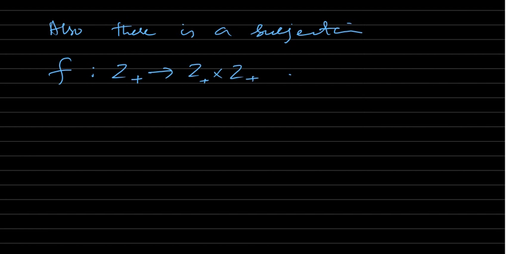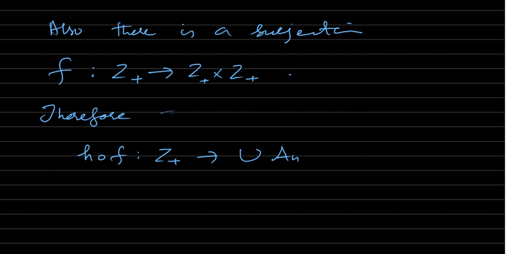There is a surjection from Z plus to Z plus cross Z plus, so therefore their composition h composed with f from Z plus to the union of A_n, n belongs to J, is a surjection, and hence this union is a countable set.